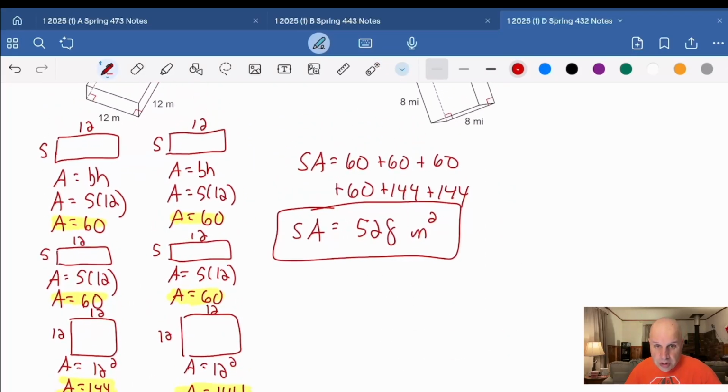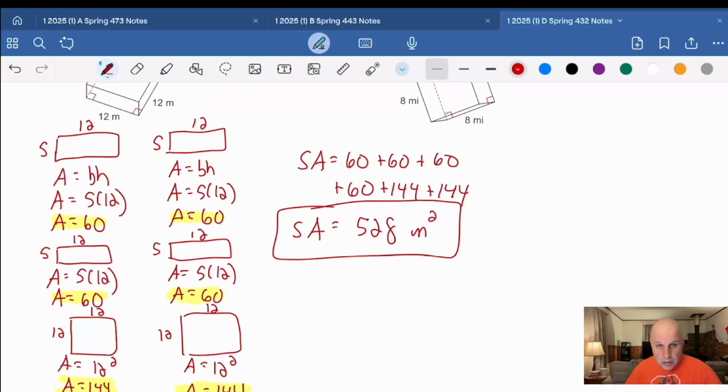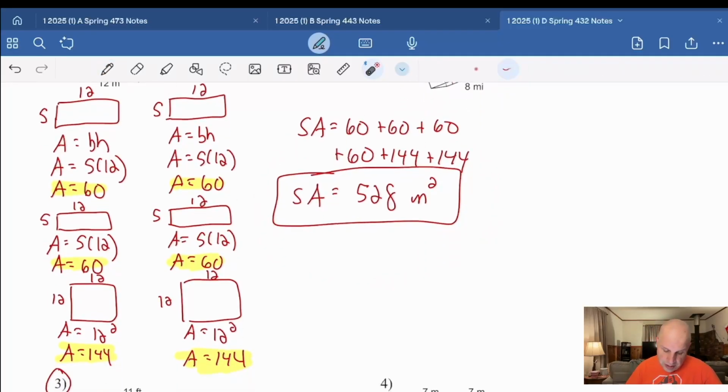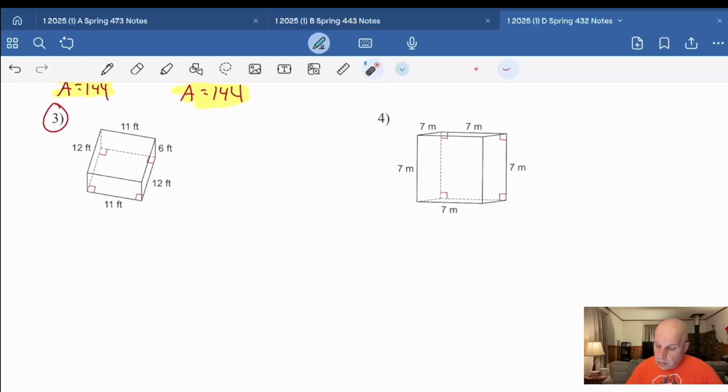I should see pictures of those 6 rectangles, show the work on how you found those areas, and then show the work on how you got the surface area. So what I want you to do is press pause right now, try the problem on your own, and then when you're done, unpause it and you'll see the work that I've set up. So go ahead and pause it right now and then try it on your own and then unpause it.